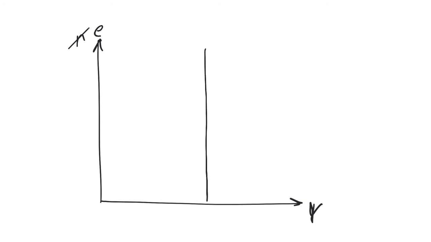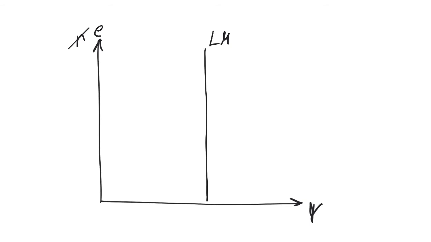So in this case, we're not going to use output versus interest rate. Instead, we're going to use the nominal exchange rate. And so LM is going to be vertical because it's not a function of the exchange rate. So it stays fixed for any exchange rate.